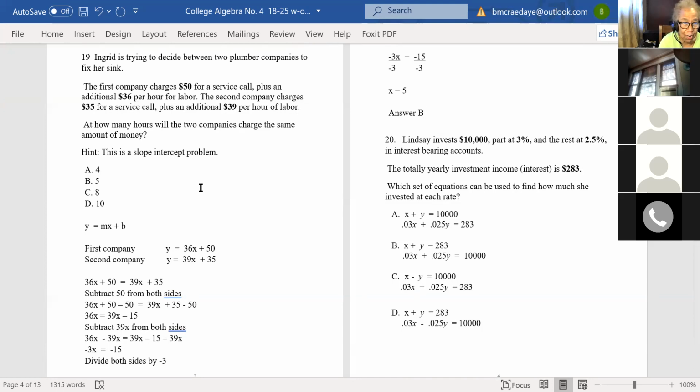Questions? It's a lot of work. If you plot it, it might be easier. You could plot both of these lines, putting an x value and then the y value, and at the point that they cross, that's when the hours would be that they will charge the same.